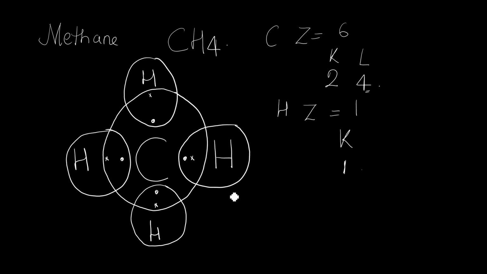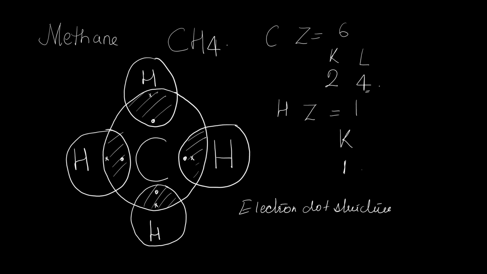So this is the electron dot structure for methane. So this shows bonds. The bonds are found between carbon and hydrogen. So if we write the structural formula of methane, this is the structural formula of methane. So one single bond is there.